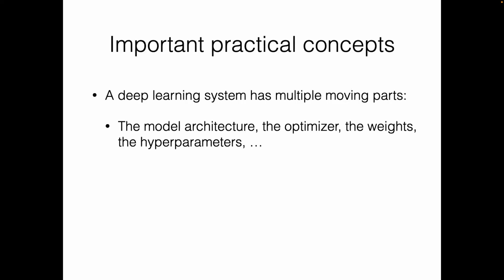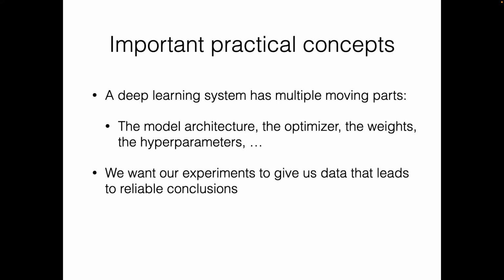So again, this deep learning system will have multiple parts. It has the model architecture, the optimizers, the weights, and different hyperparameters like learning rate and things like that. So when you run an experiment, you want the data to give you reliable conclusions.